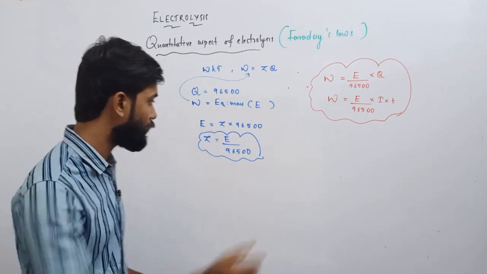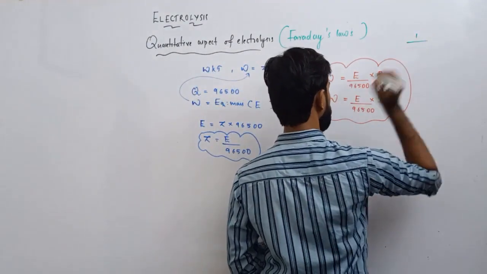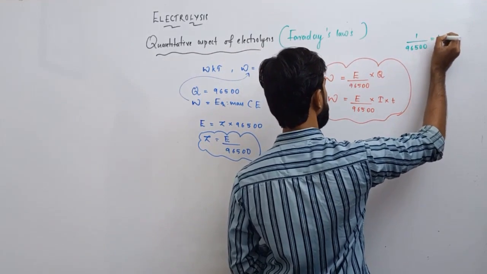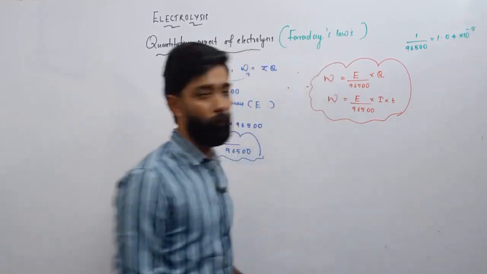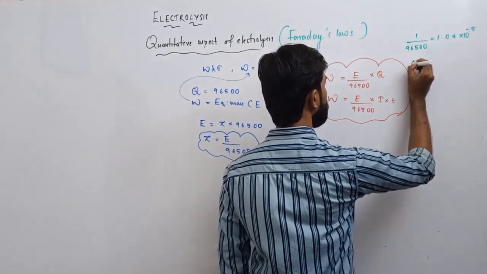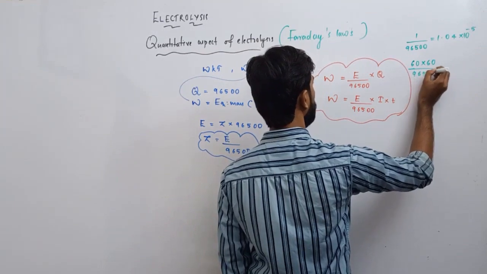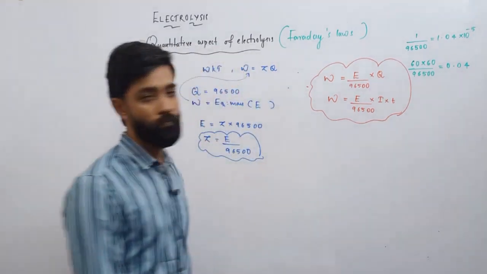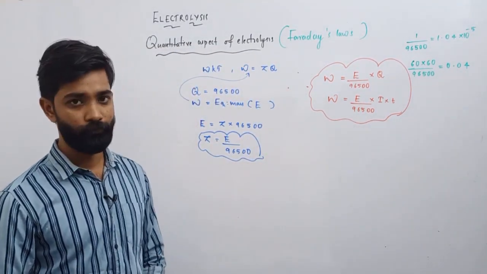Ready? Let me introduce some tricks. 1 divided by 96500 you can simply write as 1.04 into 10 raised to minus 5. And 60 into 60 divided by 96500 will be equal to 0.04; actually it is 0.036, but simply 0.04.